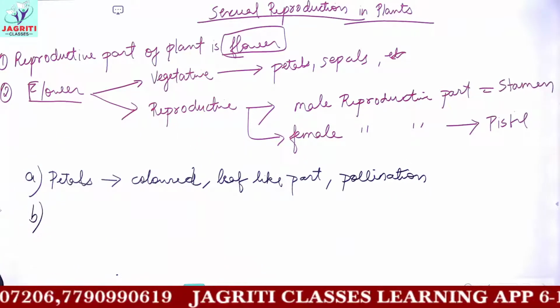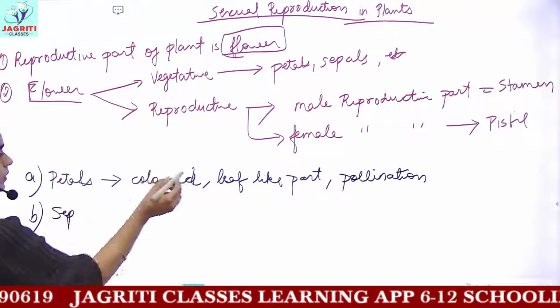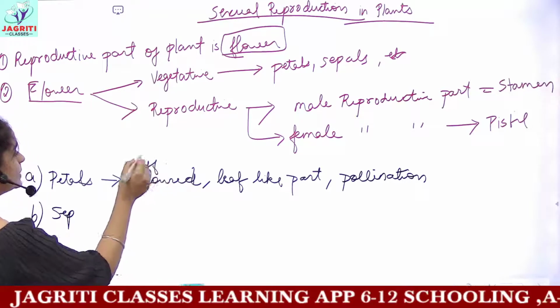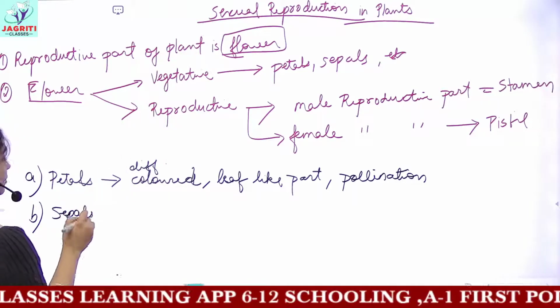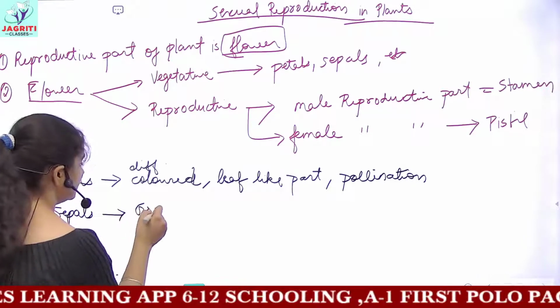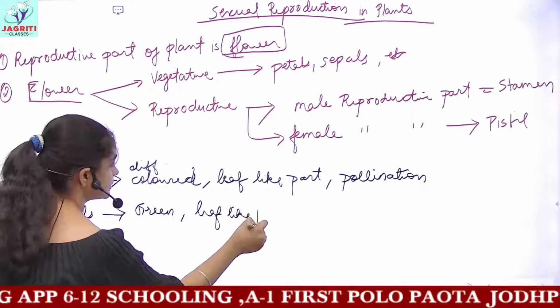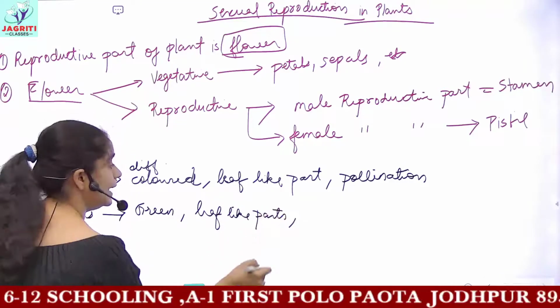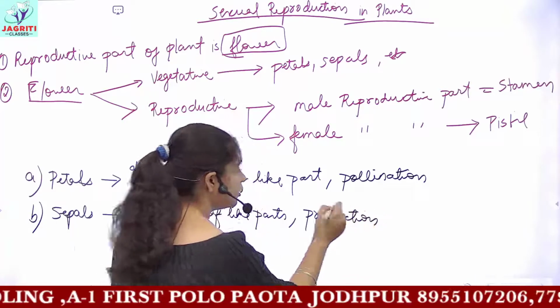The next part of the flower is the sepals. Now the petals could be differently colored, that is, they have different types of colors, but the sepals are usually green in color. These are also leaf-like parts and their function is the protection of the flower.